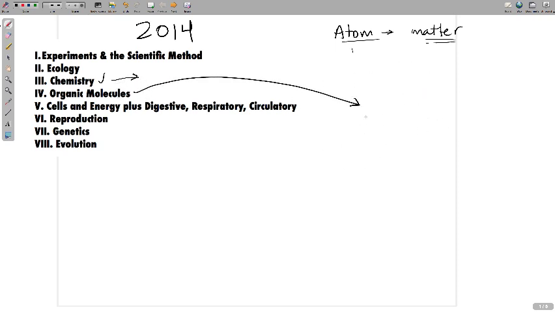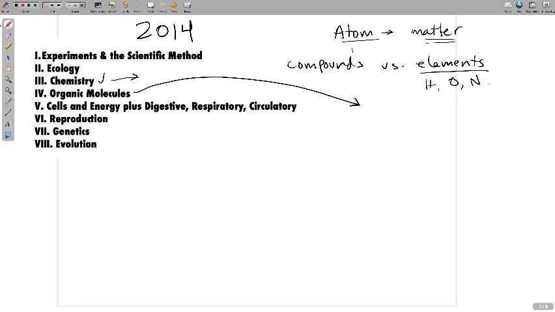Oh, and just a quick thing on chemistry, sorry. I just remembered compounds versus elements. Don't worry about mixtures, but elements, remember, we know elements like hydrogen, oxygen, nitrogen.